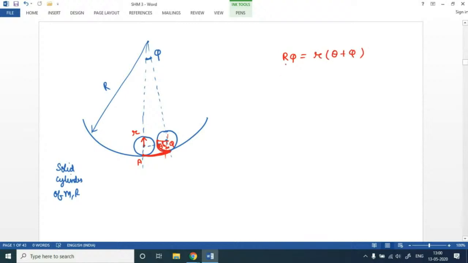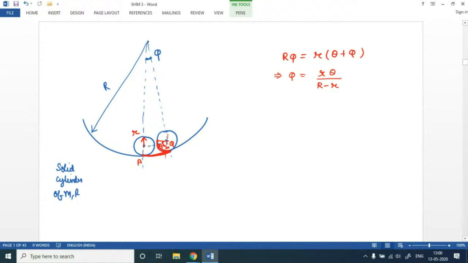Okay, so that gives, if we wish to write phi, so phi would be nothing but, let's solve it here, r times theta upon capital R minus r. So that is one of the relationships.